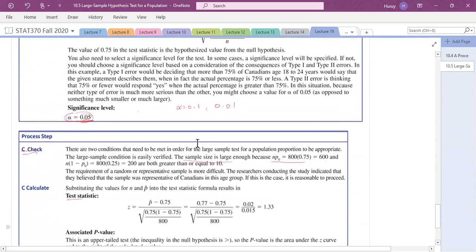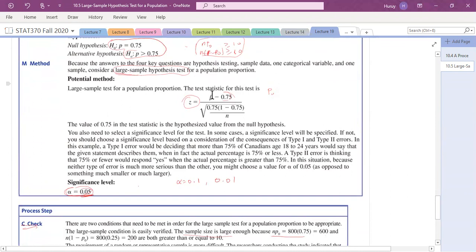Now here we just write the test statistic. We don't perform the calculation. I just put it this way. Even you can put it this way. It's not a big deal. Once you write your null hypothesis and alternative hypothesis, then you can write z equals p hat minus p sub naught over square root of p sub naught times 1 minus p sub naught over n.